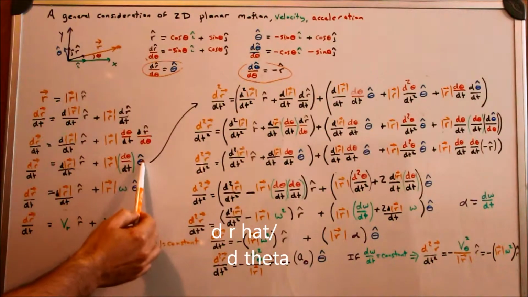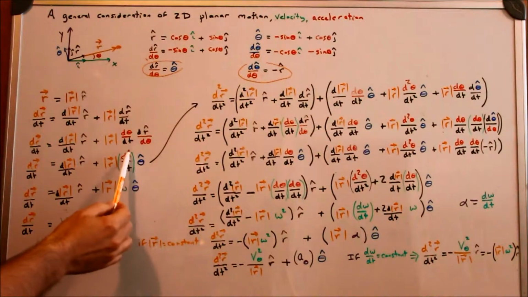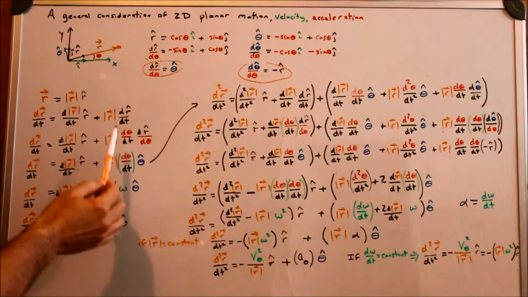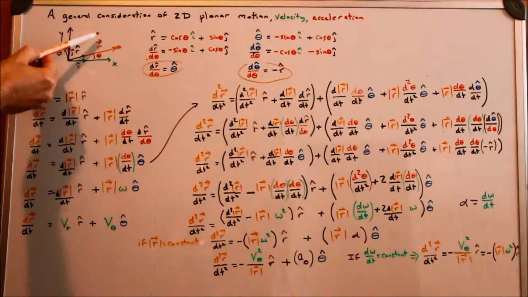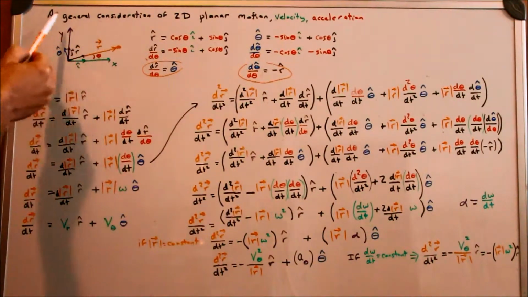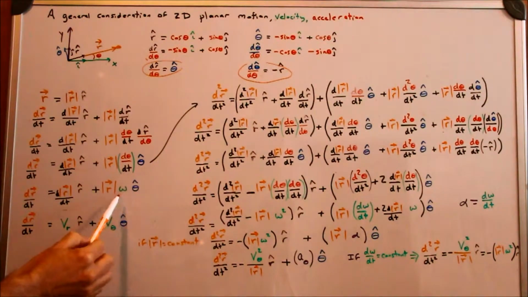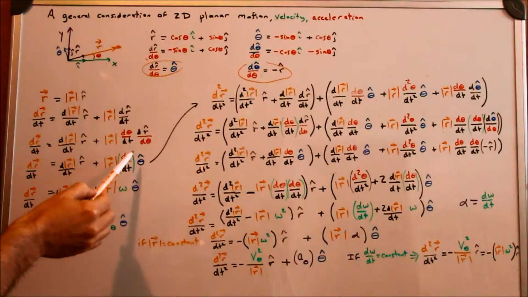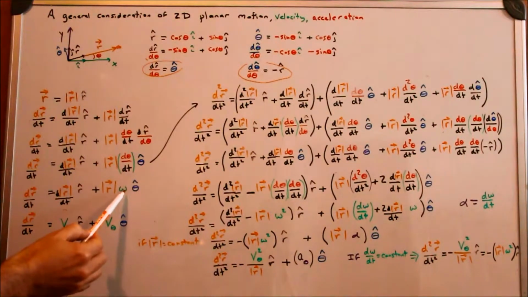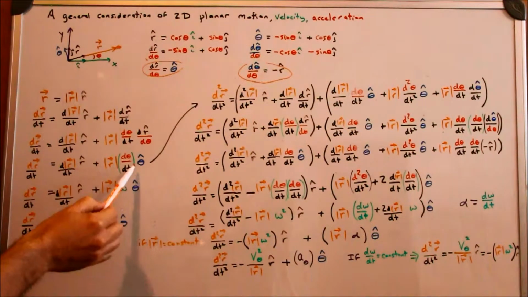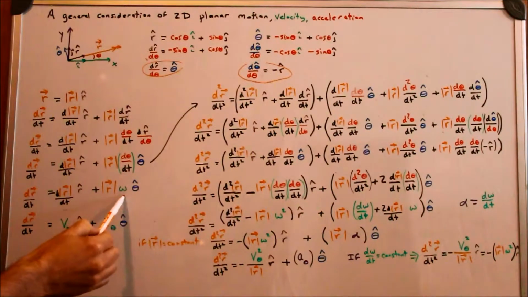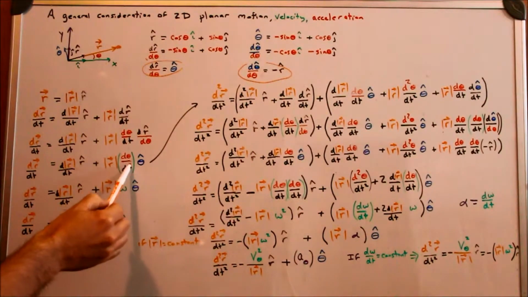So I can substitute that theta hat there. d theta dt means how theta is changing with time. So how theta is rotating about here, well that's omega. Theta is in radians, omega is radians per second. That's my rotational speed. So I can substitute it here.